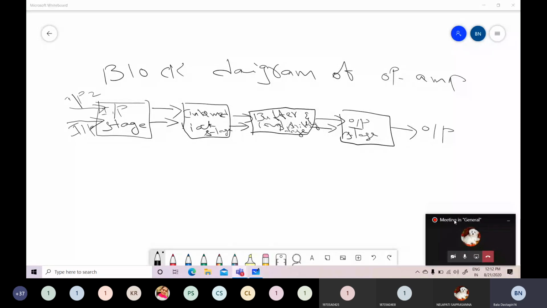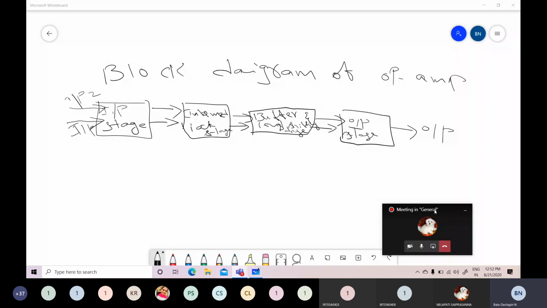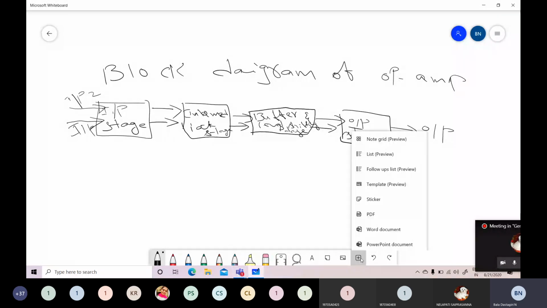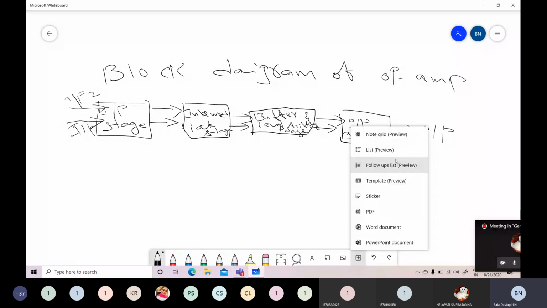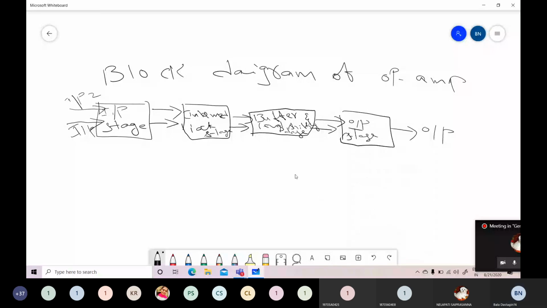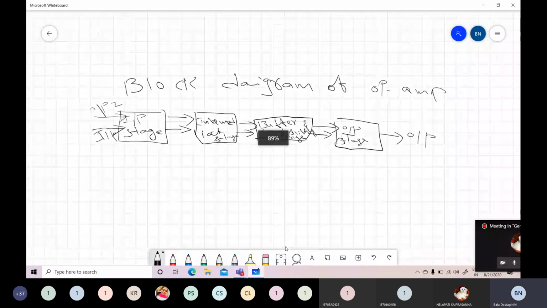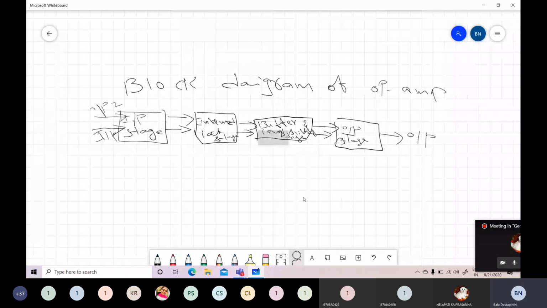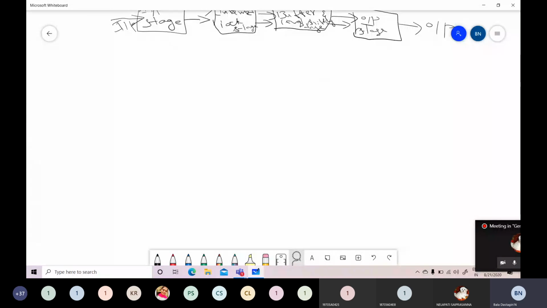So now let us see how you can go into the importance of differential amplifiers, the input stages.